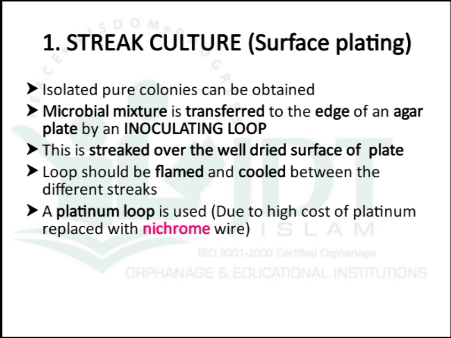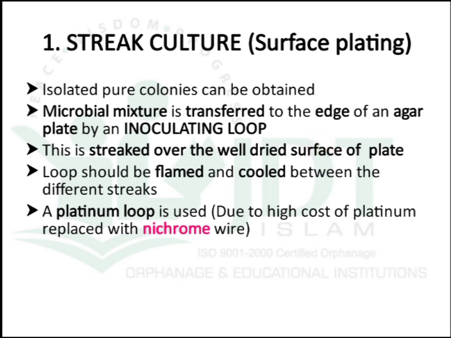It is mainly used to isolate pure colonies, and in this the mixture of suspension of microorganism is transferred to the edge of a solid agar plate by using an inoculating loop. So by using an inoculating loop, we will streak over the well dried surface of sterilized culture media or agar plate.